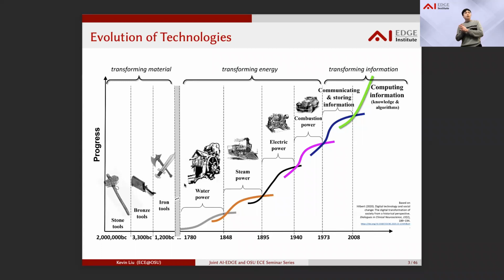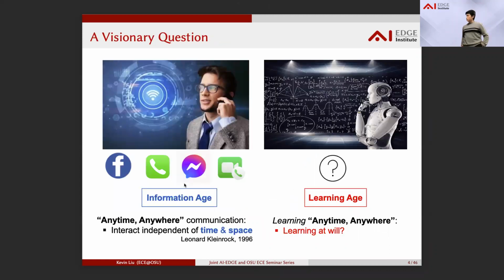But of course, we're at the verge of moving from transforming information to the next stage, which is transforming intelligence, and particularly artificial intelligence. But looking back a little bit at where we are coming from, we have seen tremendous success of the internet.